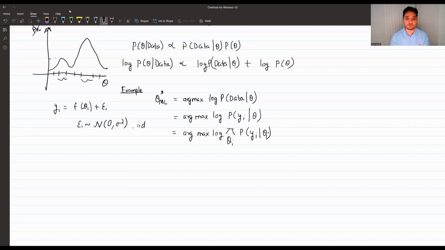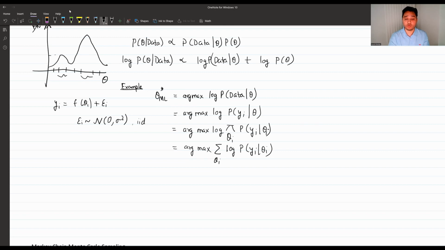So now let's think about this for a moment before writing this as, because log of the products will become a summation of logs of the probability of y_i given theta_i for all theta_i.